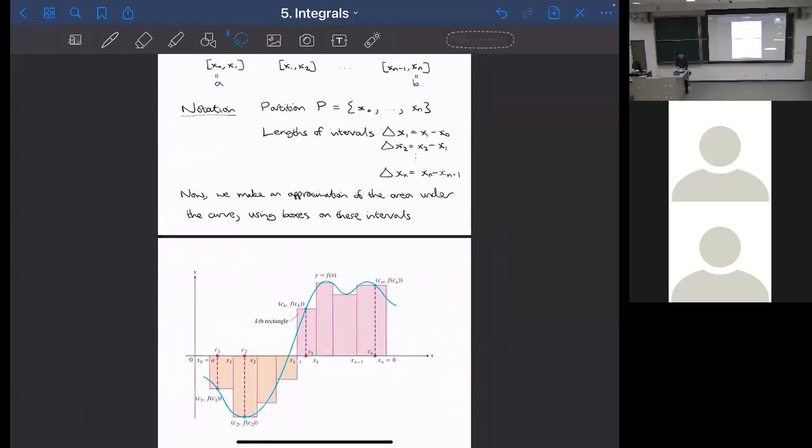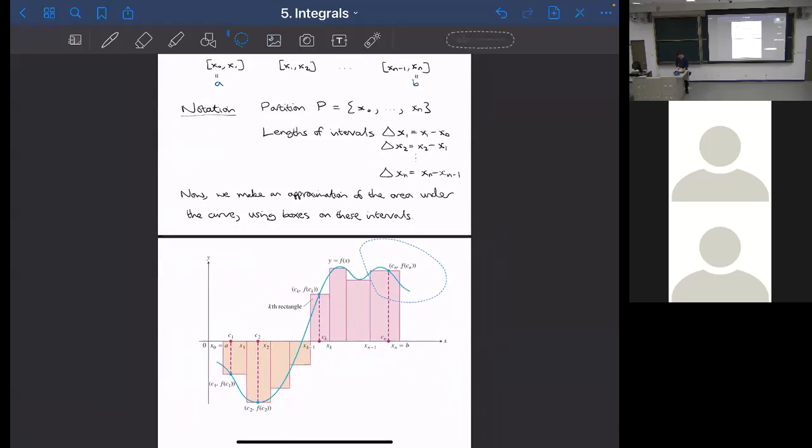Okay, so we can see in this picture the same function, and I've taken x0 on the left and xn on the right, and in between I've taken x1, x2, and so on.